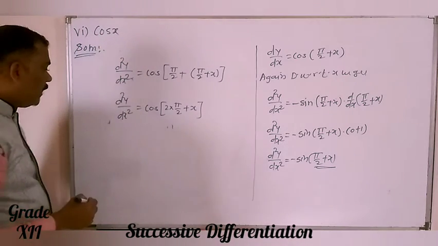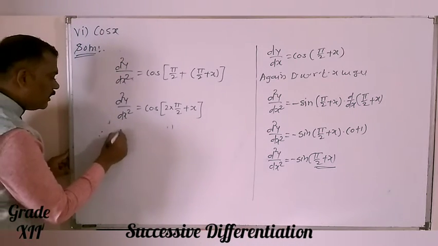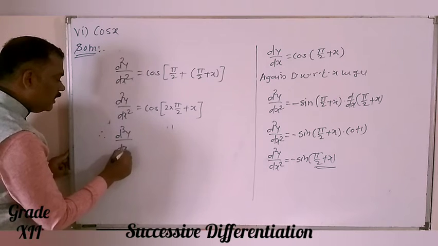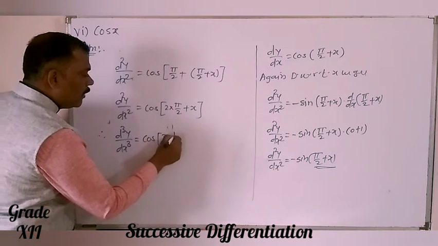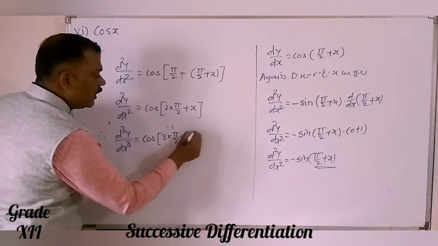If you observe the pattern, we can write the third order derivative, that is d3y by dx raised to 3, is nothing but cos of 3 into pi by 2 plus x.